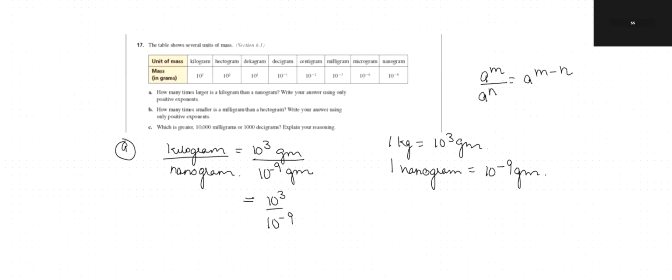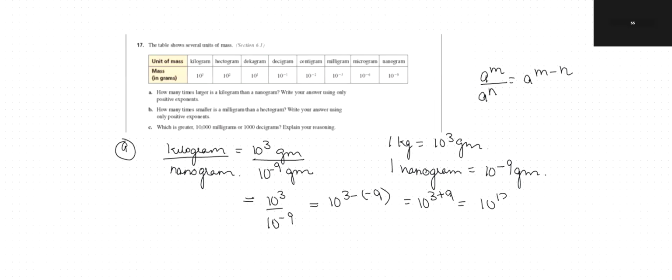This will be 10 raised to power 3 minus negative 9. Negative times negative is positive, so 3 plus 9, so 10 raised to power 12.